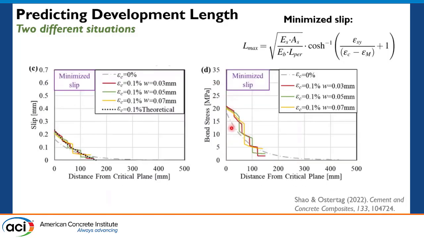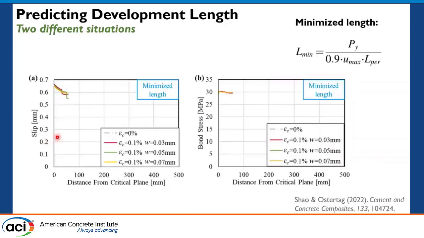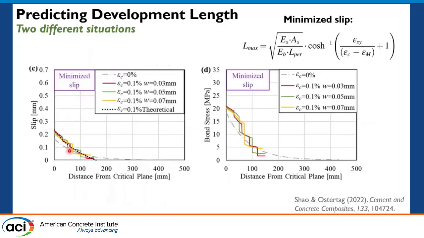And by having a larger bonded length, the slip along the development length is much smaller, around 0.1 to 0.2 compared to before 0.6 to 0.7. So at this stage, because the slip is smaller, the bond stress is lower than the peak, which means we did not fully utilize the bond stress of UHPC in order to minimize the slip.